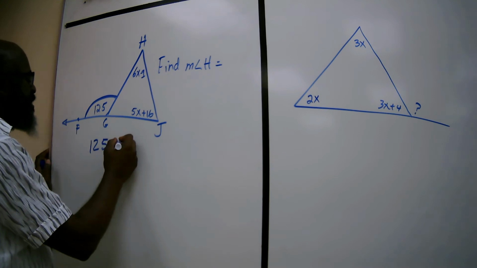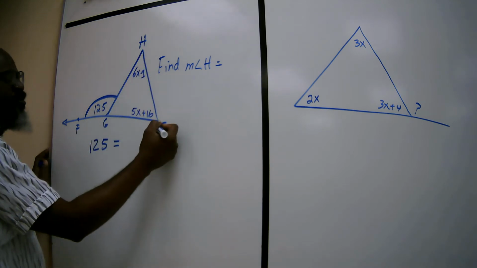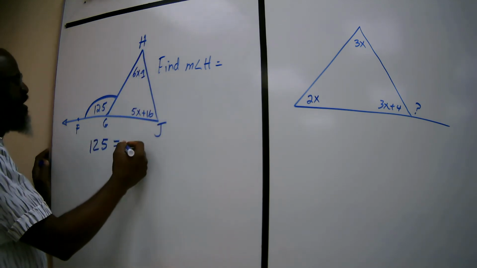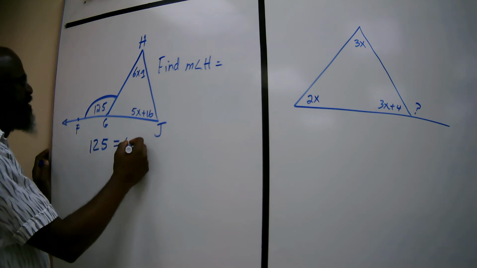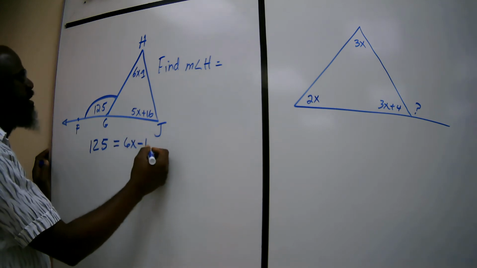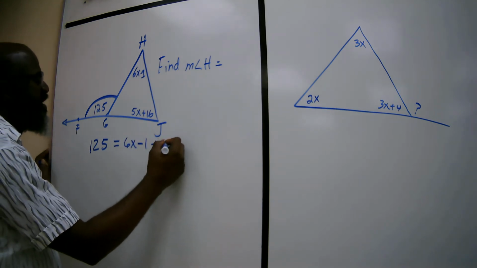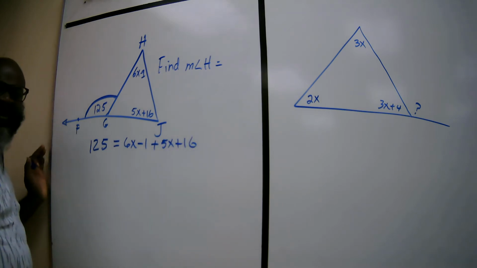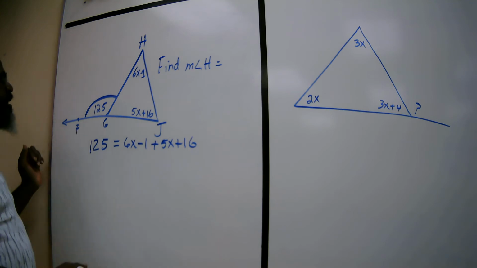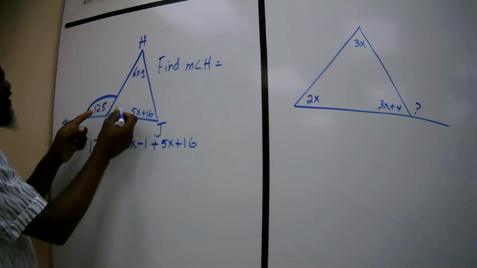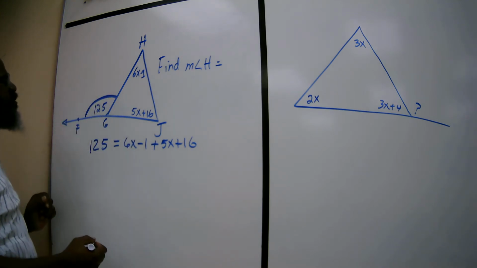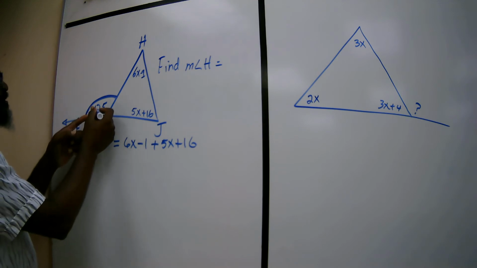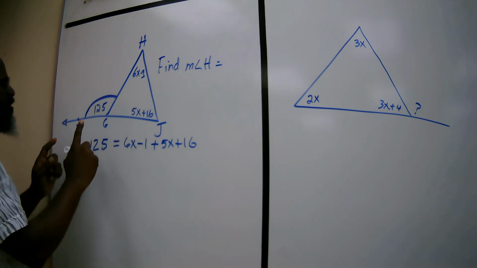The two remote interior angles are angle H and angle J. So that will be angle H, which is 6x minus 1, plus angle J, 5x plus 16. That's your equation. Then the sum of these angles is equal to that, or the other way around. So let's solve that.